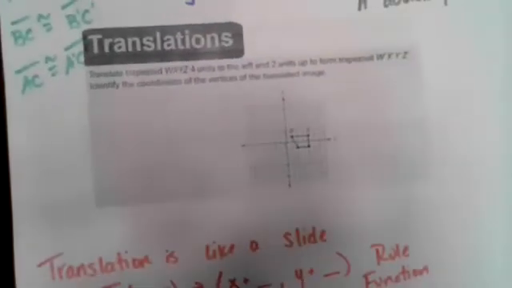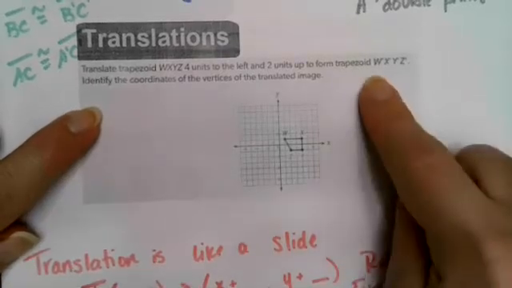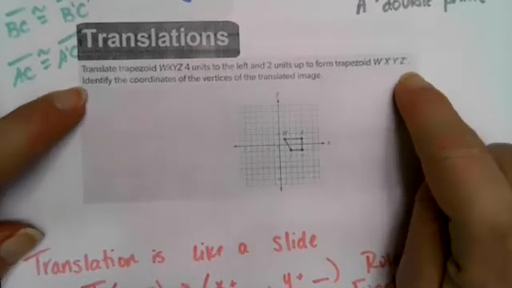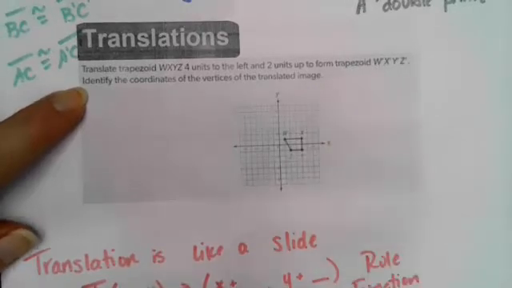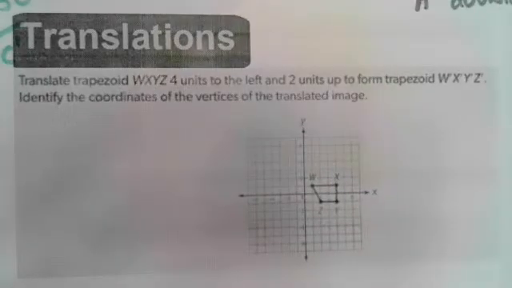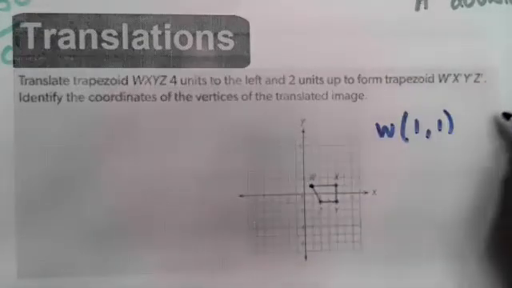All right, I have an example here. I want to translate trapezoid WXYZ 4 units to the left and 2 units up to form W prime, X prime, Y prime, Z prime. We're going to identify the coordinates of the vertices of the translated image. Let me zoom in closer so you can see my points. W is the point 1, 1.